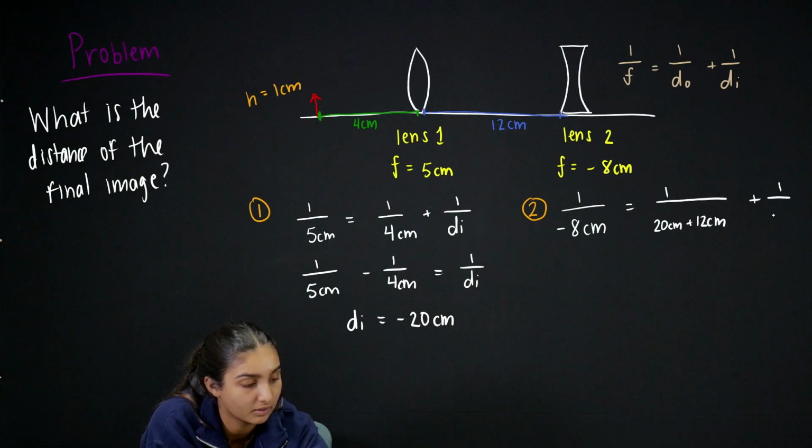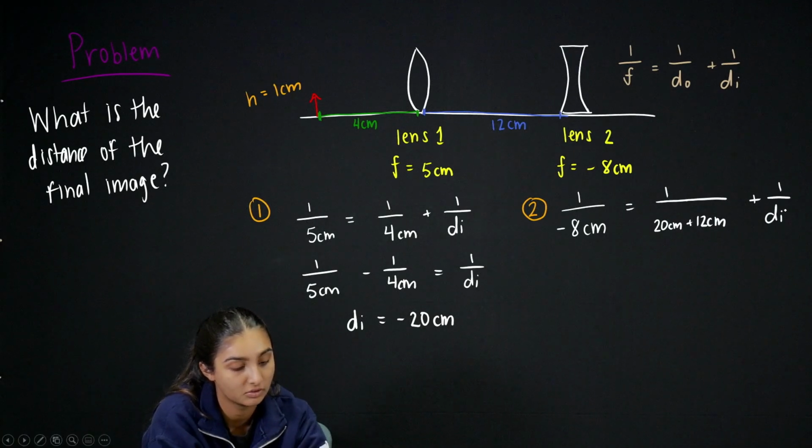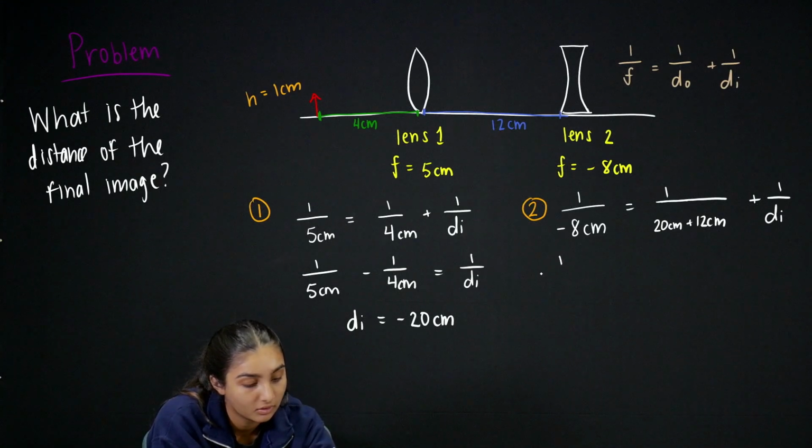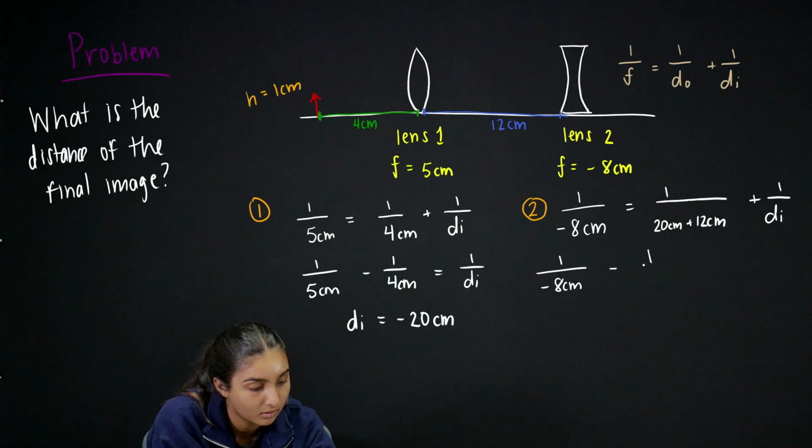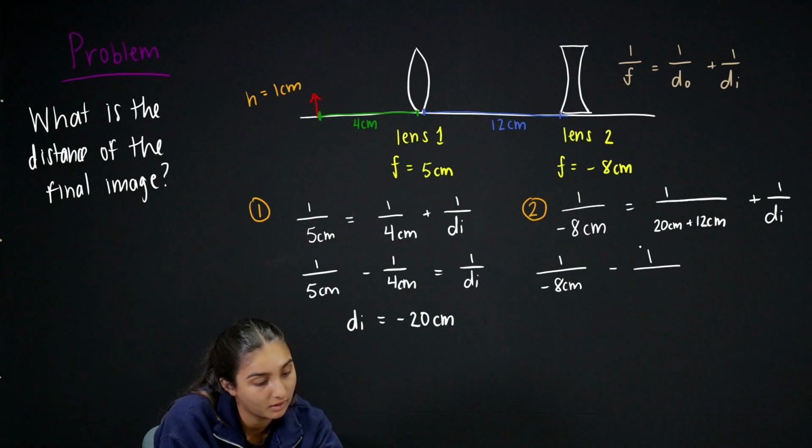And we're looking for the distance of the image. So we're going to subtract. And I'm just going to add that to simplify it. So 32 centimeters.